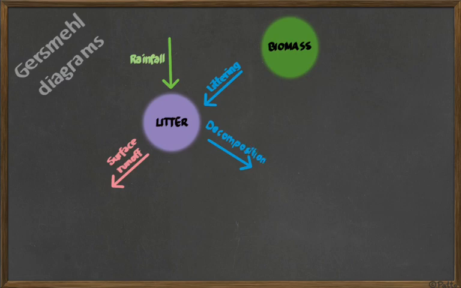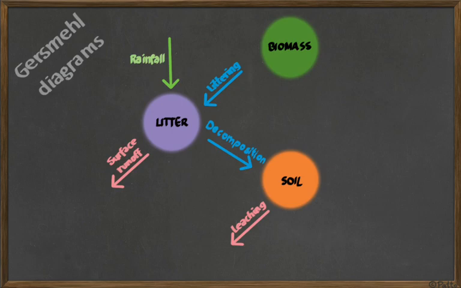So litter, dead material, gets decomposed, and this decomposition gives nutrients to the soil. So the soil is the third repository of nutrients in an ecosystem. When the material that was released by decomposition mixes with the sand, the compost, then you have the soil.